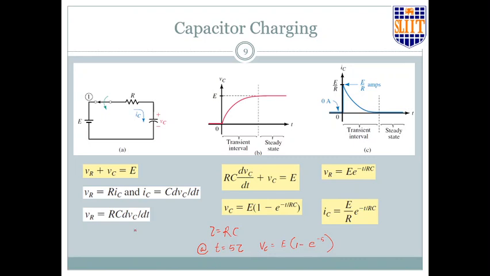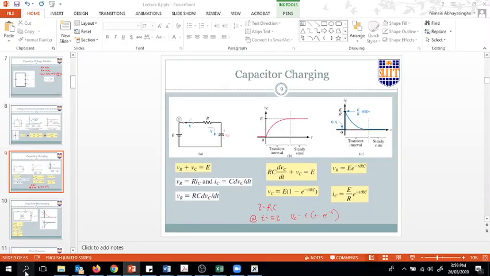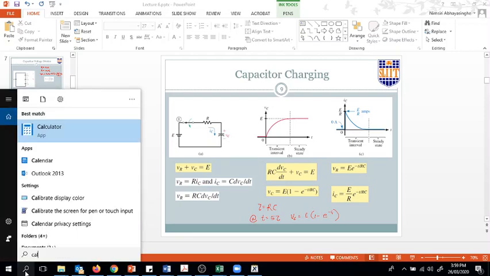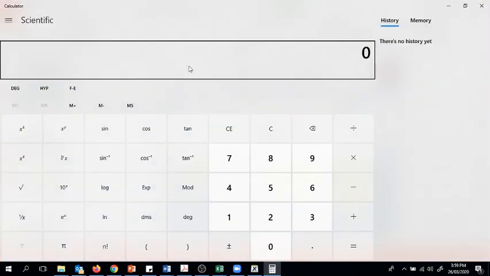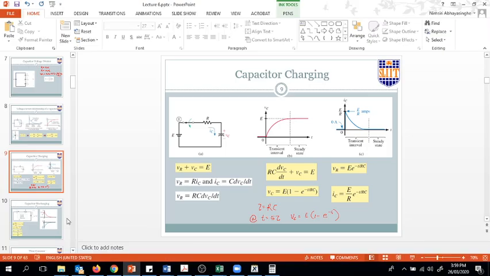Oh, you got the scientific calculator here, right? Okay. That's it. That was e to the power minus 5, right?